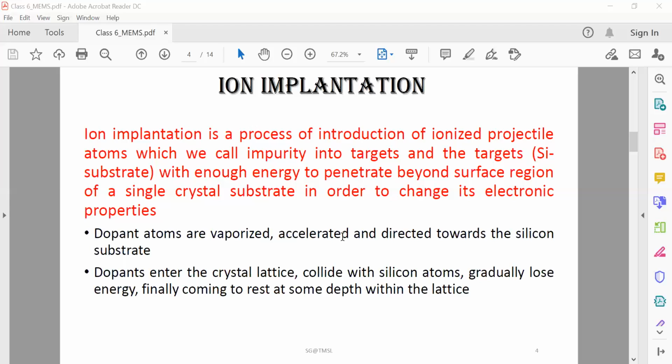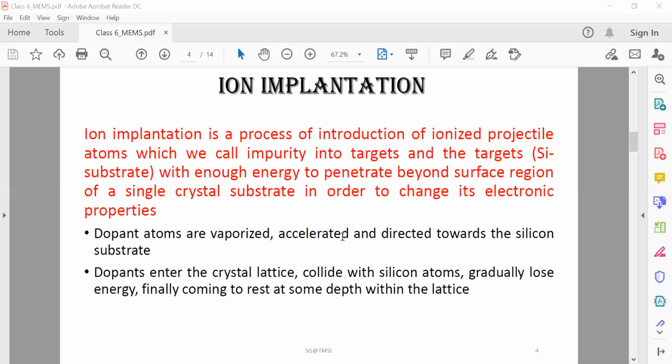After acceleration, they are focused and directed towards the silicon substrate, where they collide into the substrate and go deeper into the silicon. Implant means deeper into the silicon, and that physical bombardment process is called ion implantation.